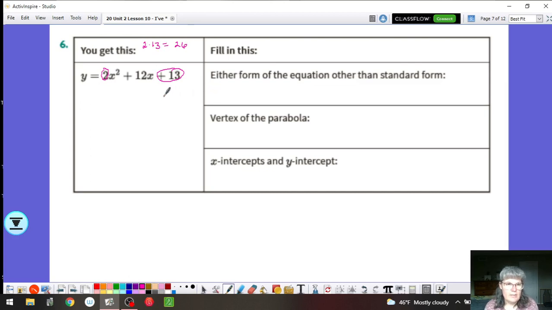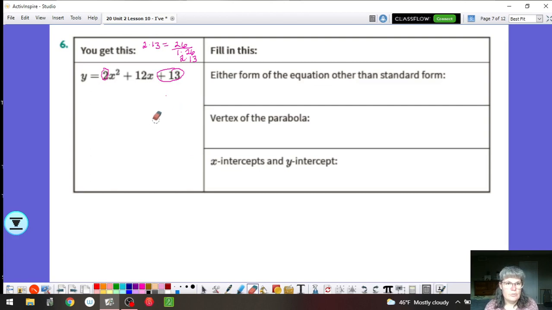I would need to find numbers that multiply to equal 26 that are going to add to equal 12. Well, for 26, that's 1 and 26, or 2 and 13. Neither of those will combine to give me 12. So this one isn't going to factor.